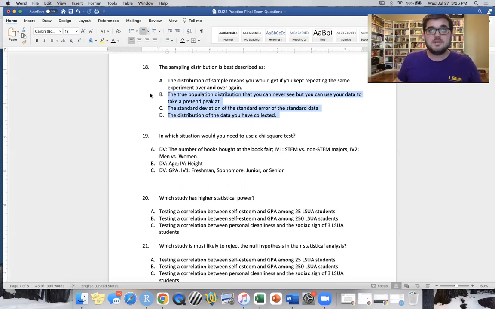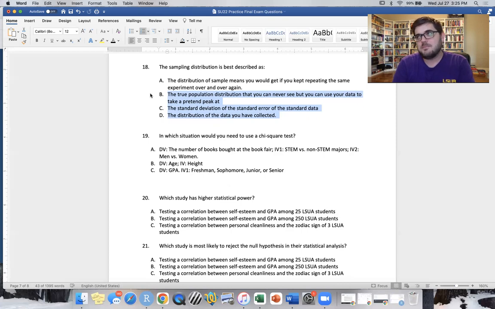If you kept repeating the same experiment over and over again, same sample size, and kept collecting the sample mean, these sample means would be on average pretty close to the population mean, but they wouldn't always be exactly the same. Like if the population mean for IQ is 100 and you go collect 15 IQ scores and average them together, you'd have a sample mean that's probably not going to be exactly 100.